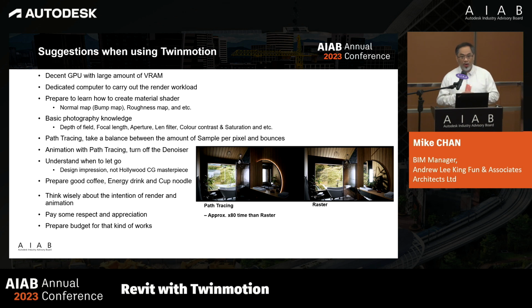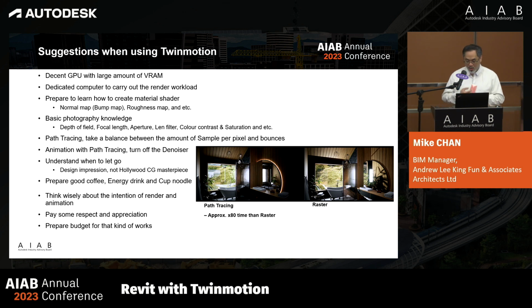The more samples you put on and the more bounces you do, the more accurate and lighter the scene is. But it means the computer has to calculate much heavier, which will take some time, and that really depends on your computer.